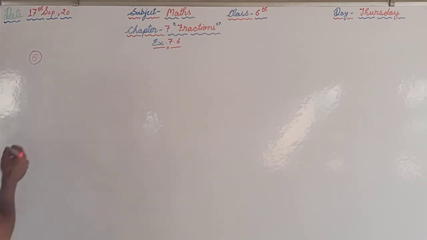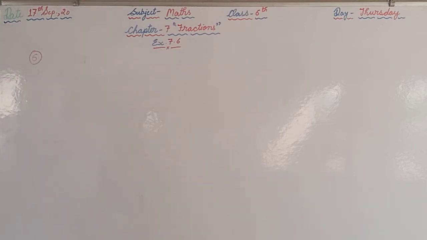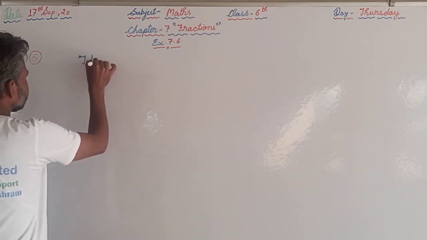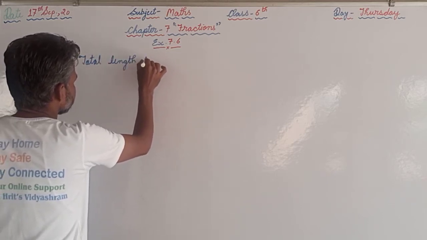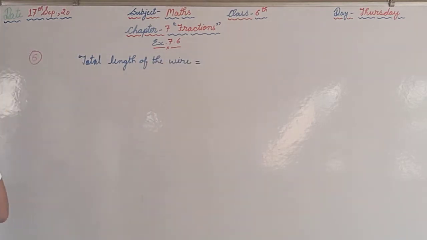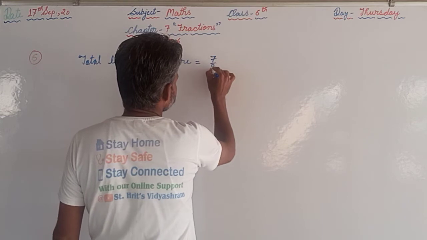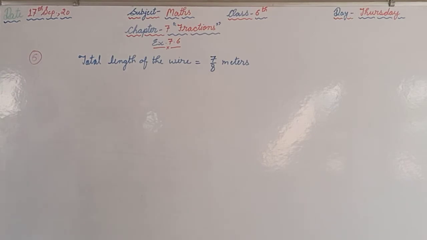Means total length of the wire is equal to 7/8 meters. It was broken into two pieces.